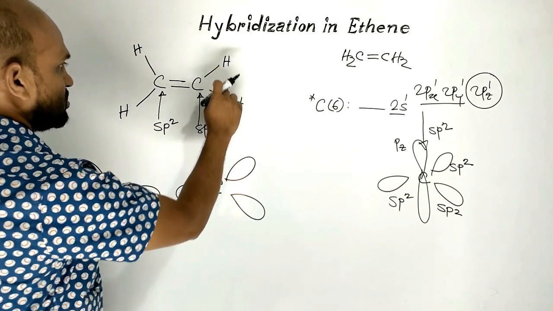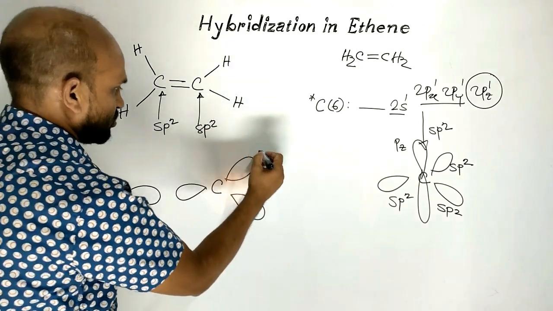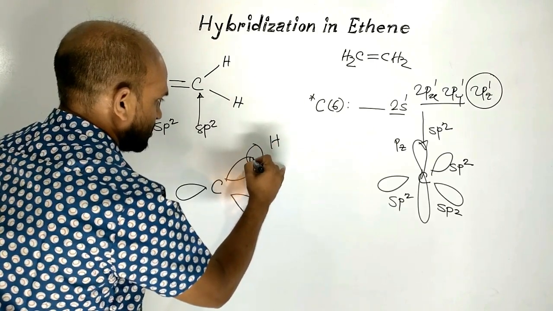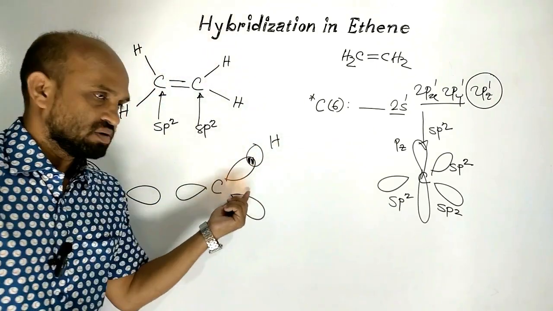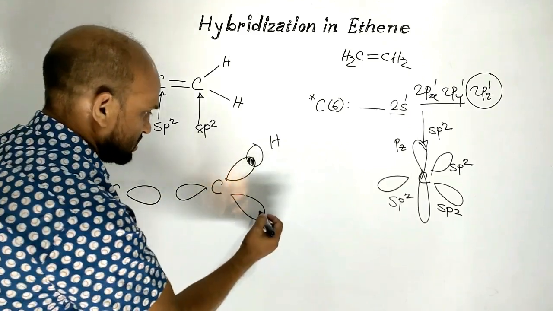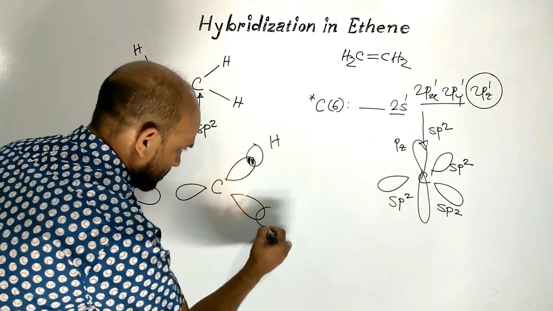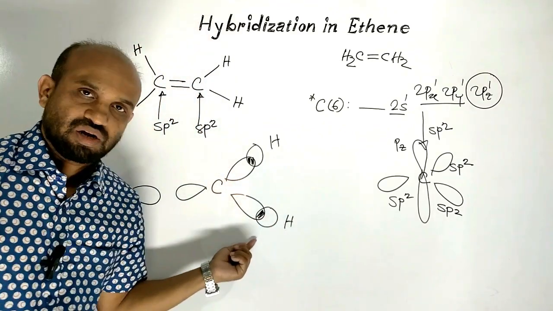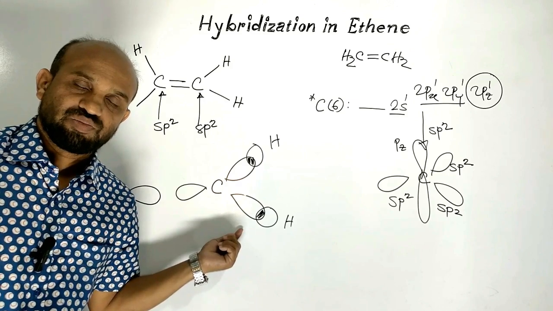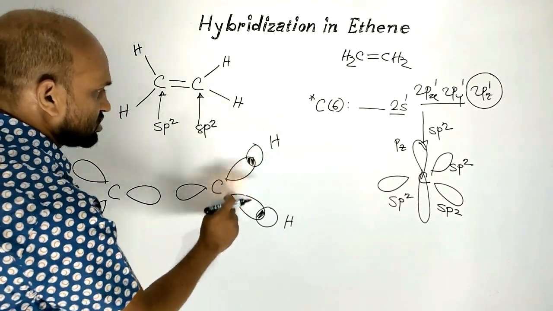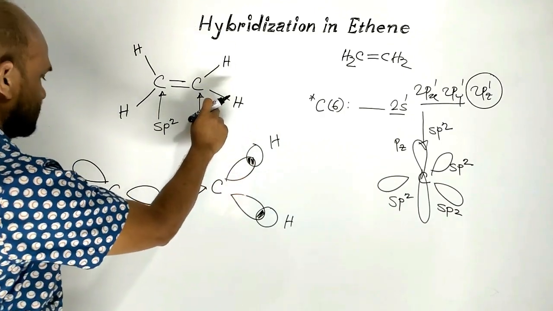With this carbon, there are 2 hydrogen atoms. S orbital of hydrogen overlaps sp2 hybrid orbital of this carbon. Similarly, s orbital of hydrogen overlaps sp2 hybrid orbital of this carbon. In this way, carbon-hydrogen bonds are formed.